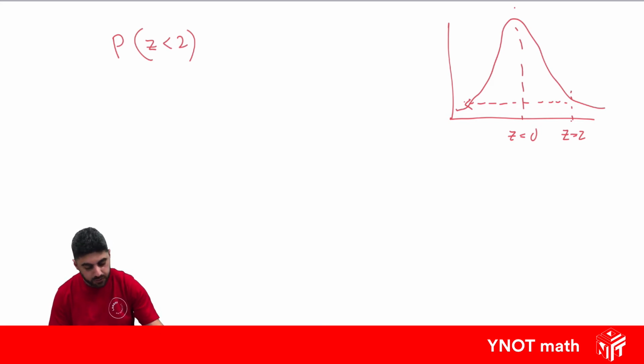But we can use the fact that we know the probability that a z-score is less than 0 is always a half, or greater than 0 is a half. So we know everything on this side equals a half.